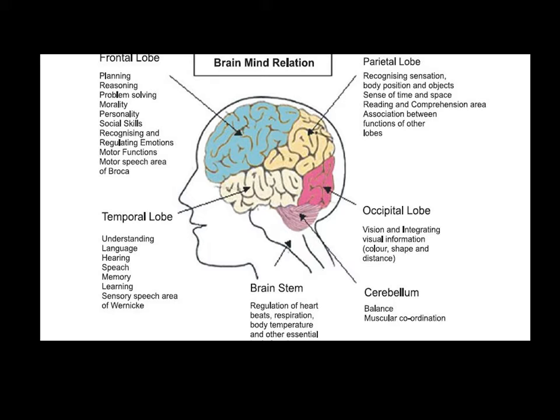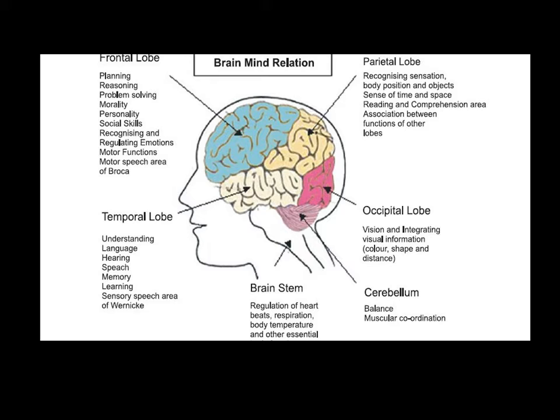The temporal lobe is responsible for understanding language, hearing, memory, learning, and it has the sensory speech area called Wernicke's area. The parietal lobe is responsible for sensing body position in objects, time and space, reading and comprehension, associations between functions of other lobes.